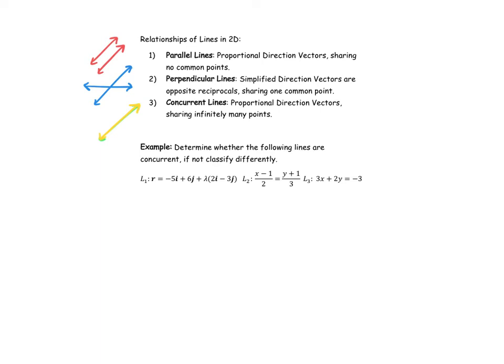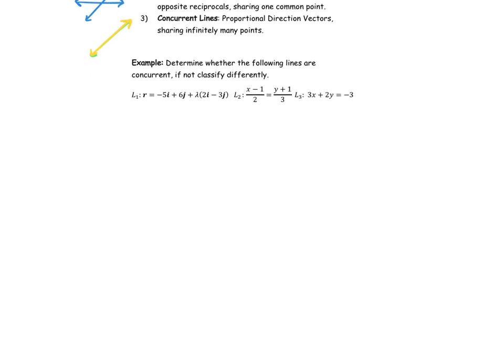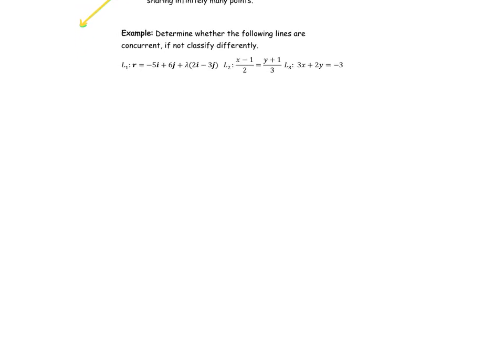Let's take a look at the example below and determine whether the following lines are concurrent, and if not, classify them differently. The first thing I could do to determine this is to look at their direction vectors. If they all have the same direction vector or a scale of the same direction vector, then they could possibly be concurrent.